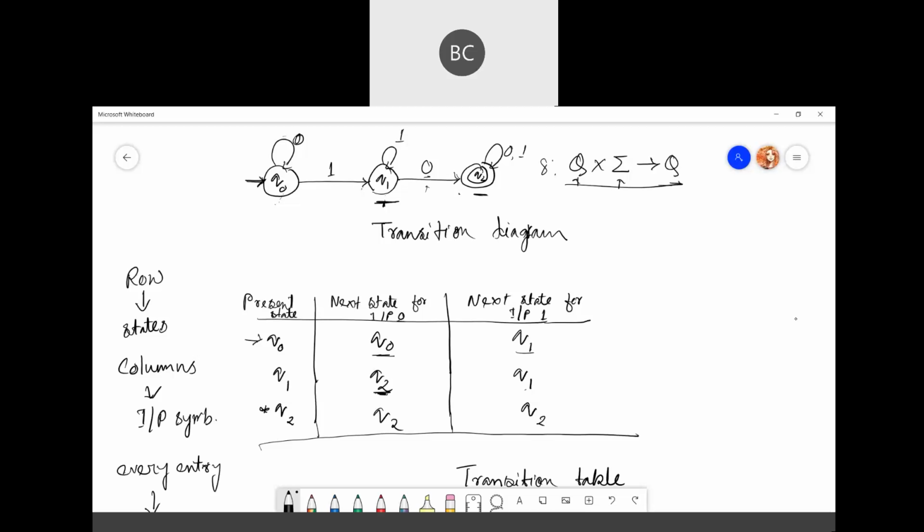Then when it reads 1, it moves to the same state itself. So next state for the input symbol 1 is Q1.